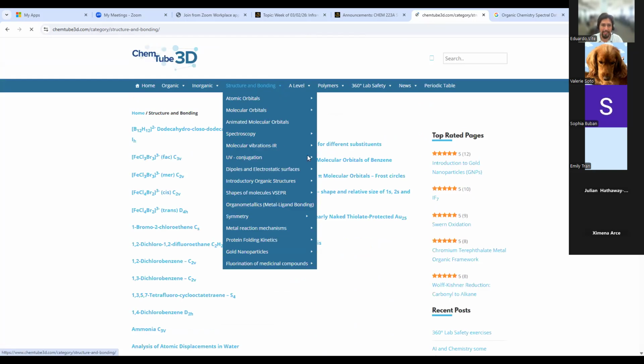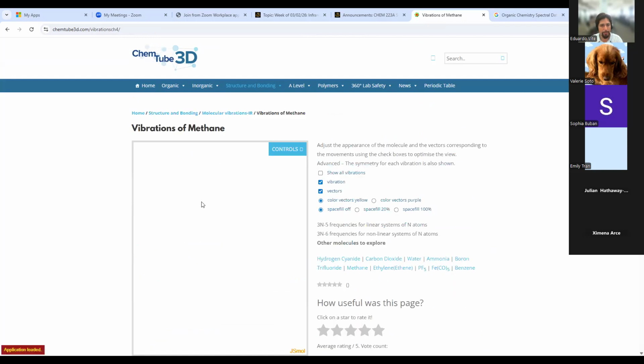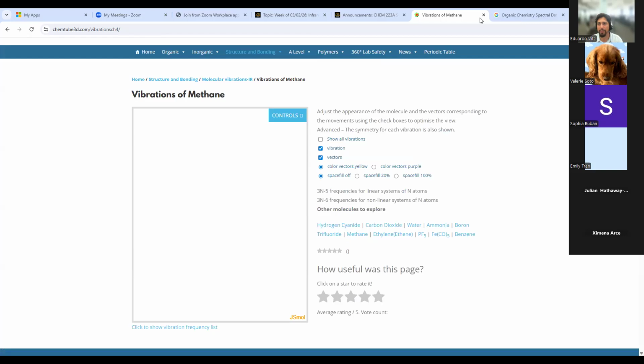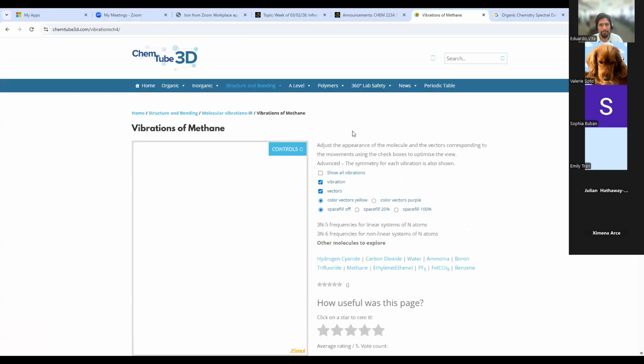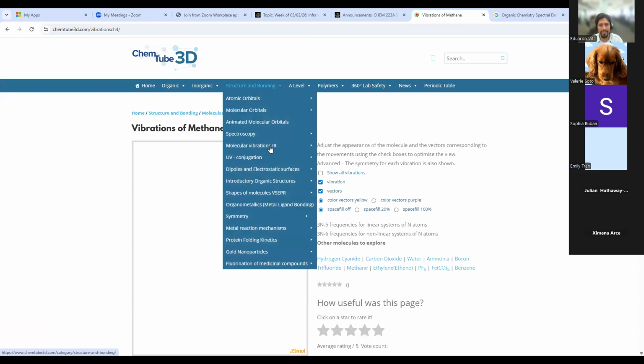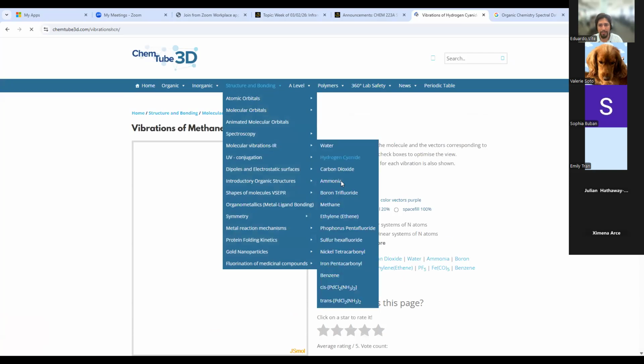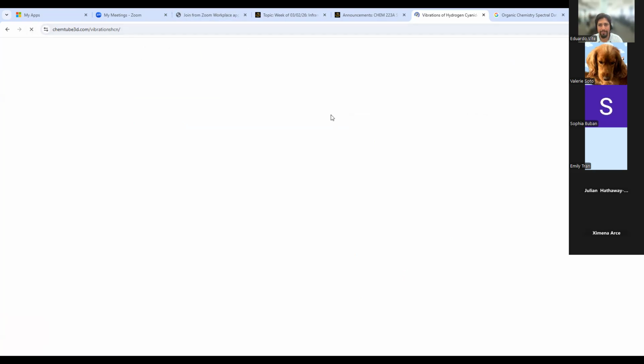If this one doesn't work, then you guys are going to have to check it out on your own. I really want to show you methane though. Methane is cool. Let me try stopping the share and starting the share one more time. Refresh. Yep, it doesn't seem to be working this time. Alrighty. Any more that can work? Yep, website seems to be acting up.